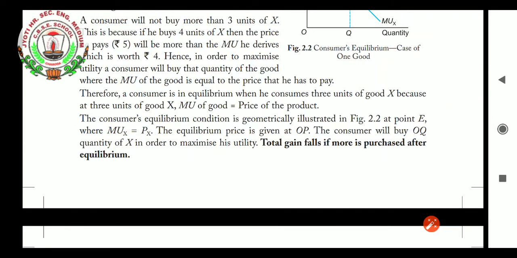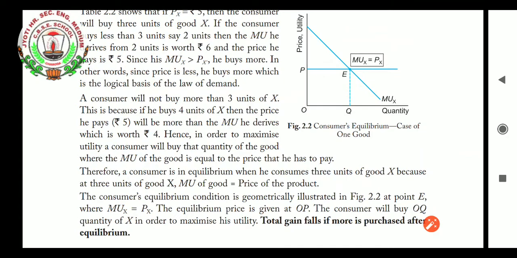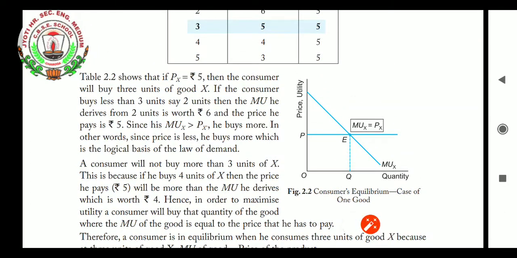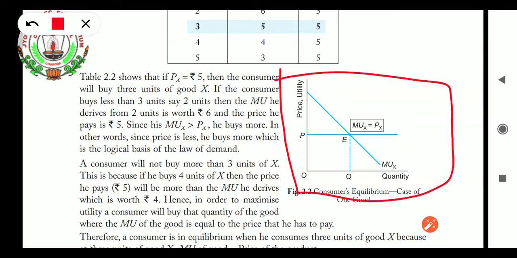The consumer's equilibrium condition is geometrically illustrated in figure 2.2 at point E. We can see the two axes. This is figure 2.2, where this is the x-axis and this is the y-axis. In the y-axis we can see the price, and in the x-axis we can see the quantity.